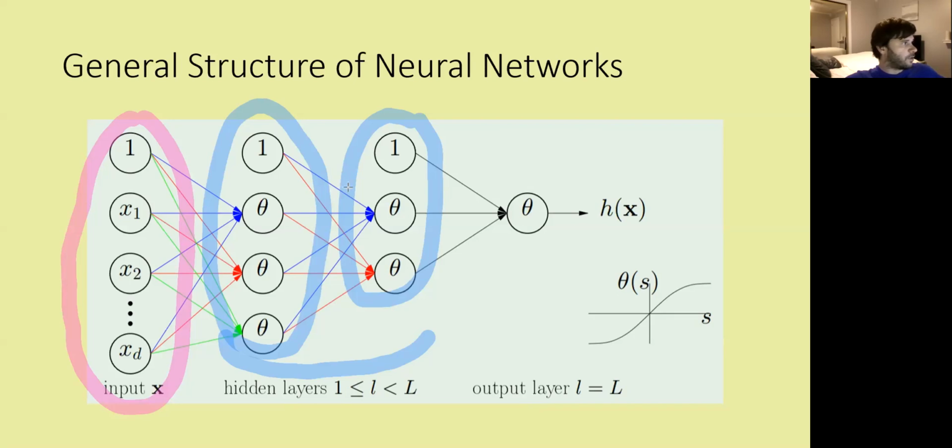And note here that each of these nodes themselves, where we used to have a picture of some sort of hard threshold function here, we just have what looks like theta showing up. And remember what that was from our logistic regression study. Okay, that was this soft threshold function. So instead of using some sort of hard threshold classifier for the nodes, we could use a soft threshold classifier for a classification problem if we wanted to.